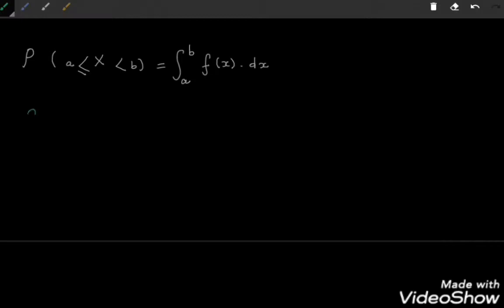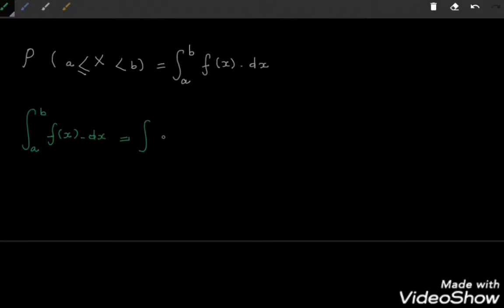So the integral from a to b of a function, let me keep it f of x d of x, can also be written in this way.